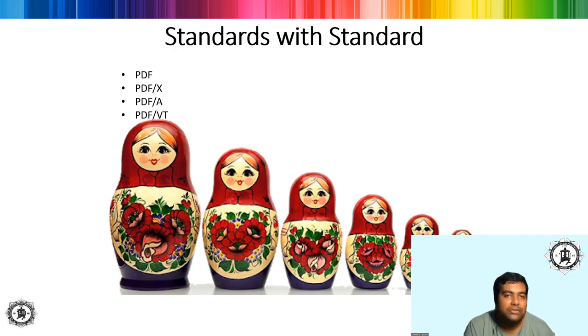PDF 1.3 did not allow live transparency, right? So any transparency you might have in your file, if you wanted to print it through the process of creating a PDF, everything had to be flattened. That we have already explained in great detail.